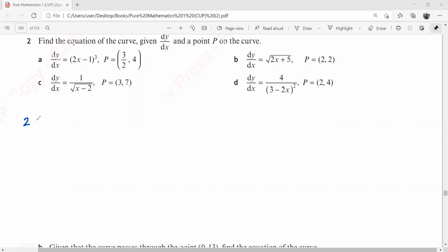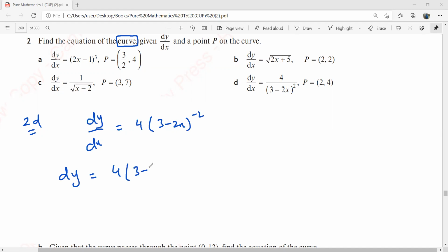So this is dy by dx, let me write it as 4 into (3 minus 2x) to the power minus 2. Remember, we have to find the equation of the curve. This side has dy and the other side will have dx, which means this side is integrated with respect to y and this side with respect to x.